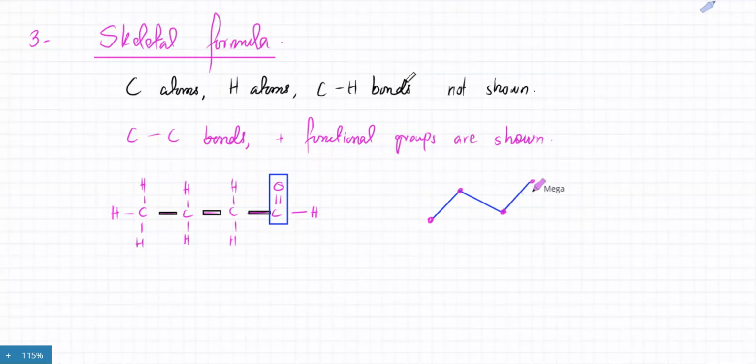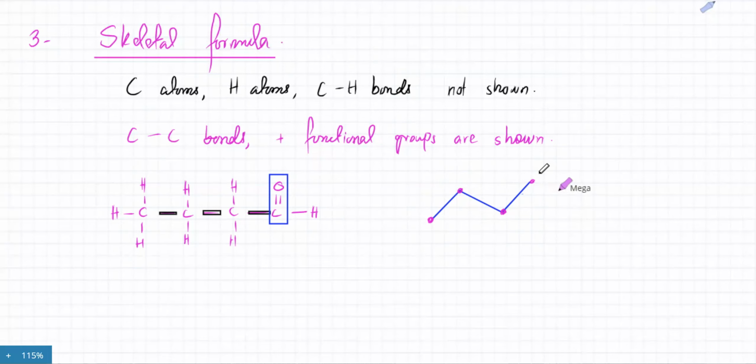Is that clear? You had four carbon atoms, but you're not allowed to show the carbon atoms or the hydrogen atoms. You're just allowed to show the carbon bonds. So that's one bond, two bond, three bond. You're not going to draw straight lines, because then it would be very hard to figure out where the carbon atoms are. So the ends of these bonds are carbon atoms.